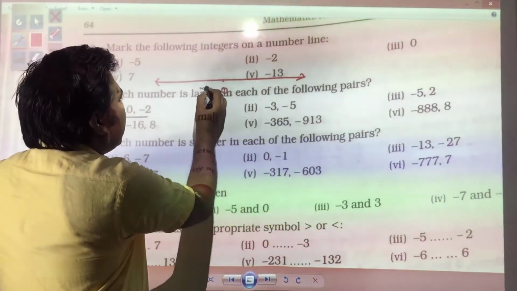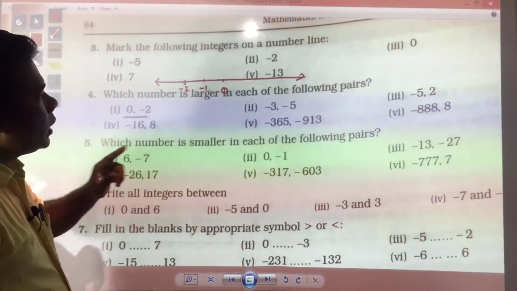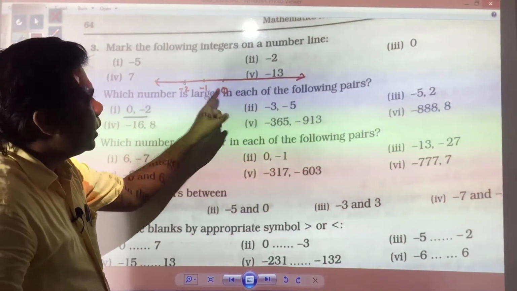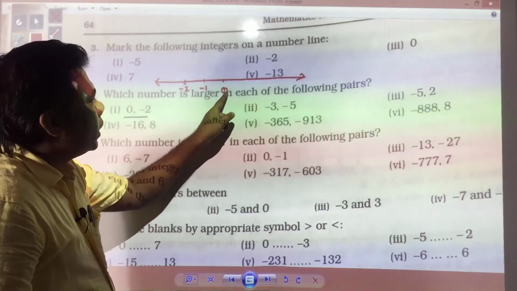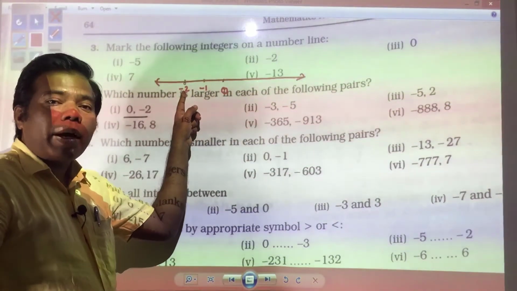So, 0 and -2, which one will be greater? 0 will be greater because 0 is on the right side of -2.